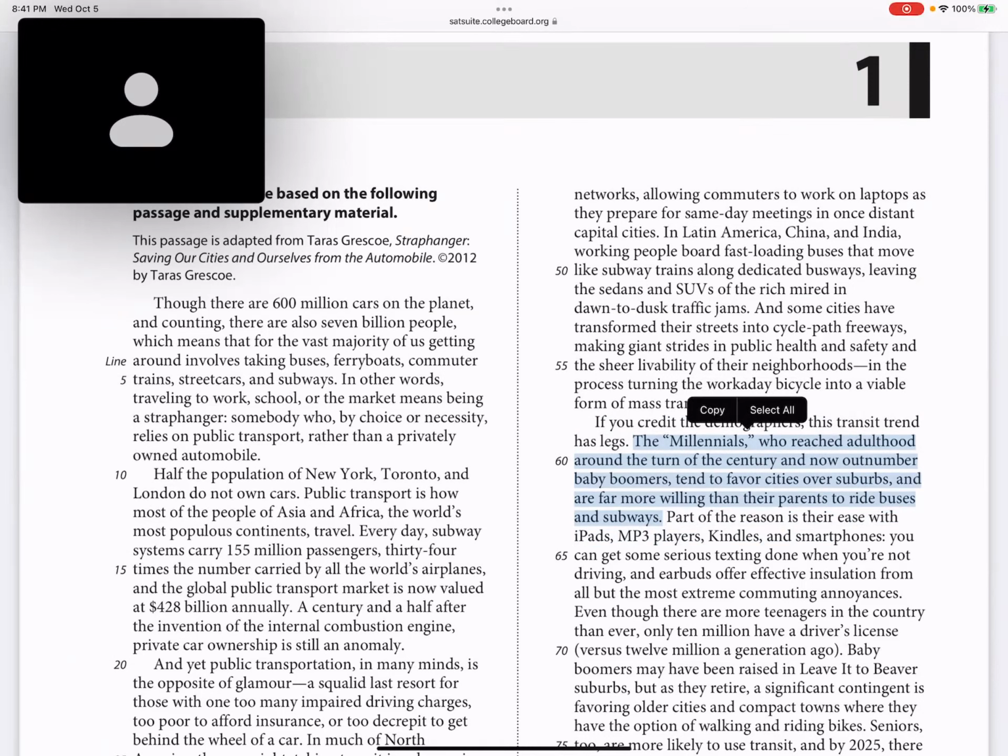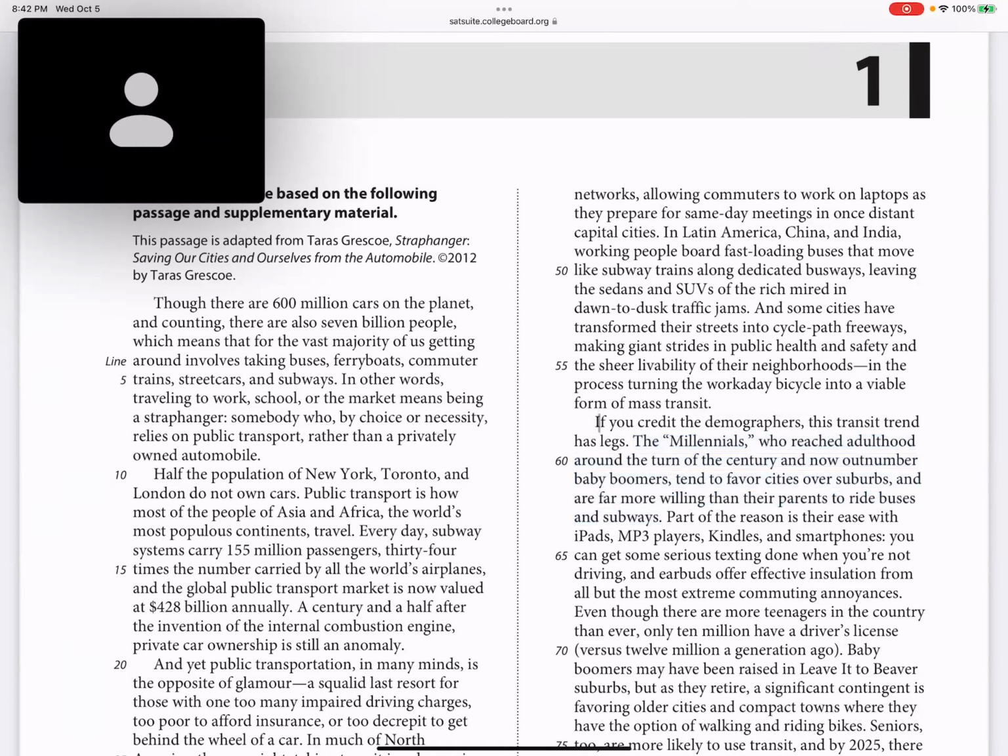Young people tend to be what than older folks when it comes to public transport. Absolutely. They want to ride them. Yeah, they're far more willing to ride them than older people are, right?